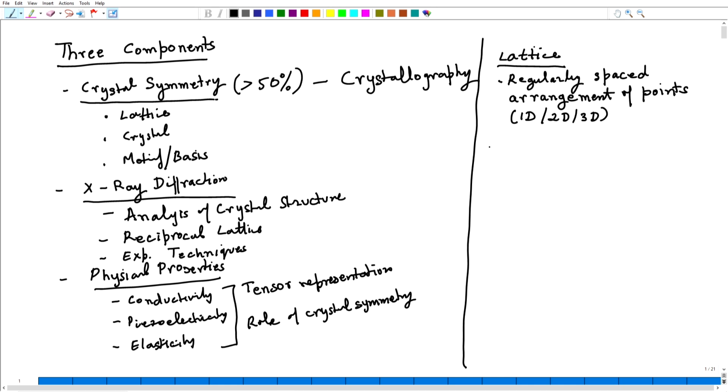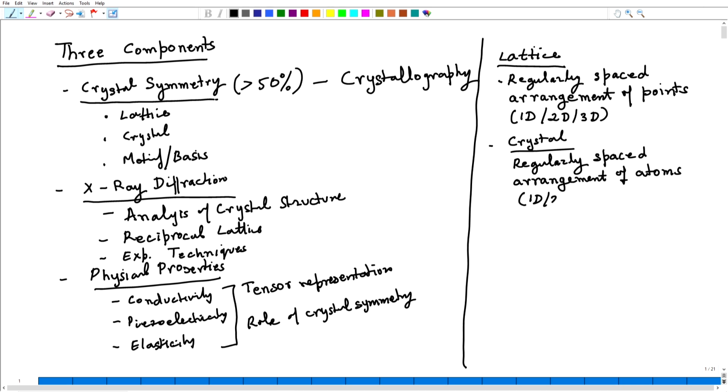Now, if I were to look at the crystal, I would say a regularly spaced arrangement of atoms. So, let us look at these two concepts, and this again in the case of atoms as well, it is 1 dimension or could be 2 dimensions or 3 dimensions.